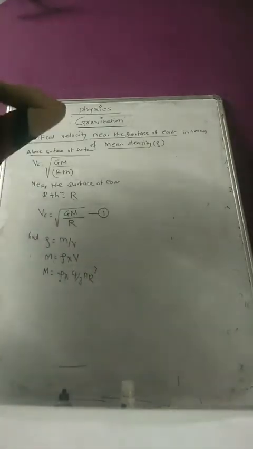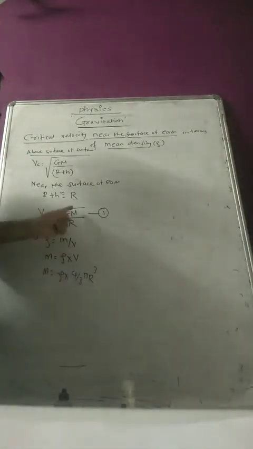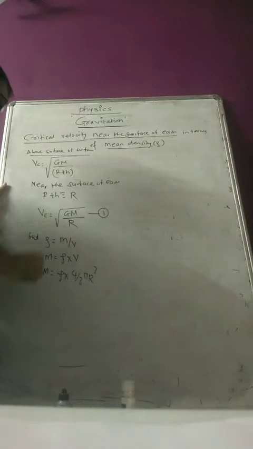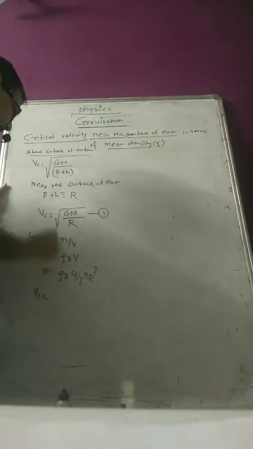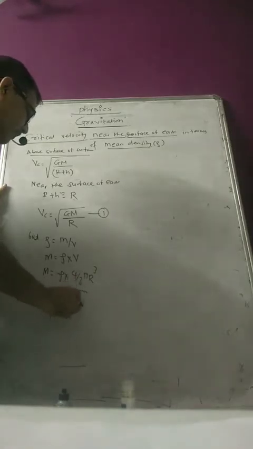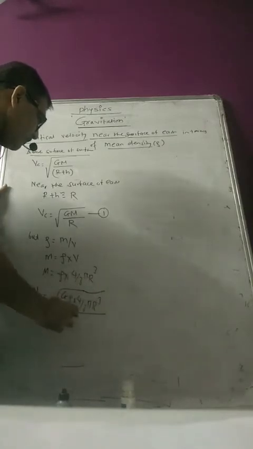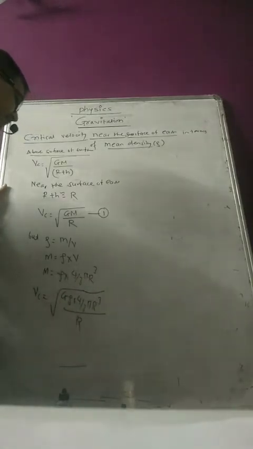So your mass will be rho into 4 by 3 pi r cube. If I substitute this value, the expression becomes Vc, the critical velocity, is equal to the square root of g into rho into 4 by 3 pi r cube upon r. Now I have substituted the mass in terms of density.